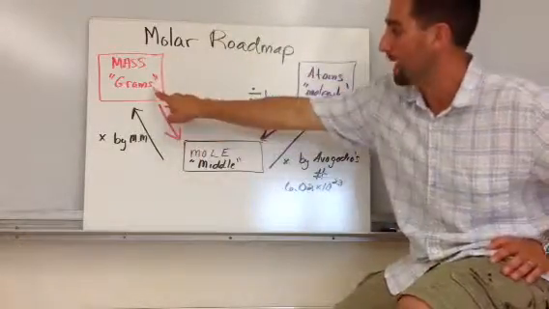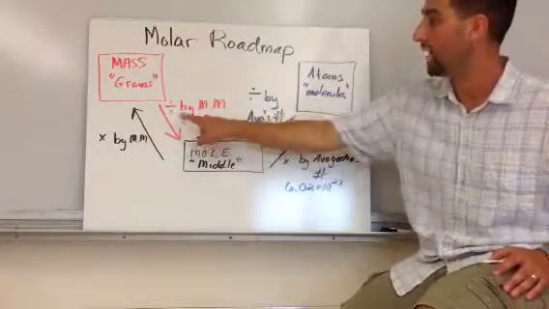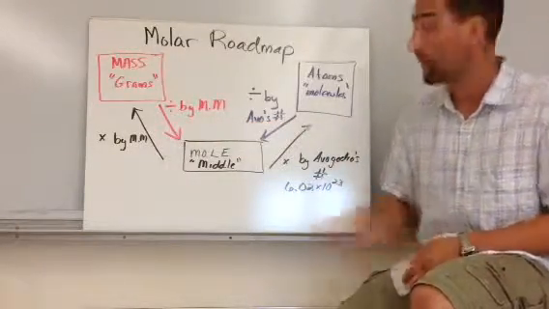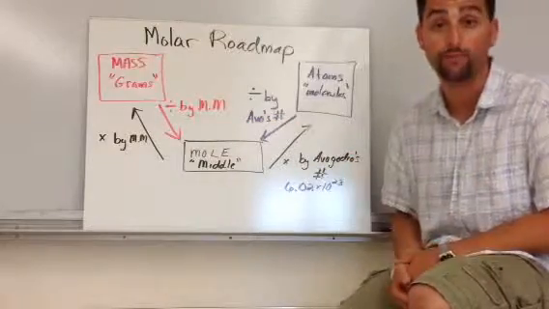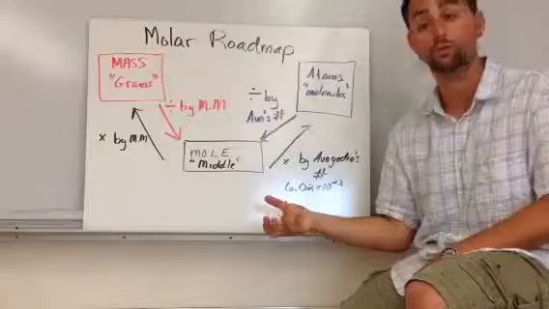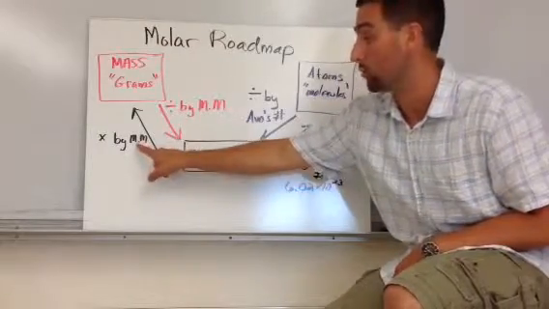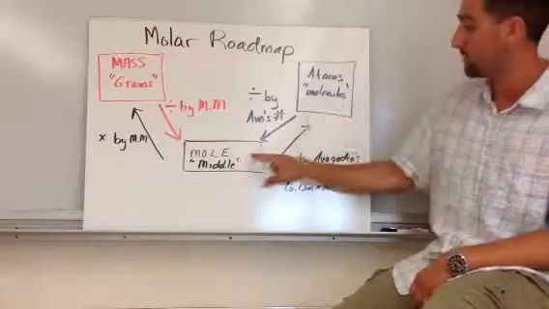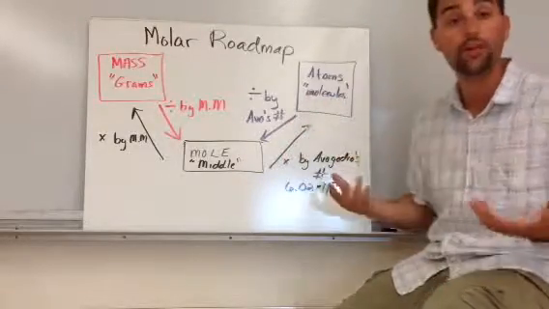If you want to go from mass to moles, divide by the molar mass of that substance, whatever it may be. You'll have to consult your periodic table for that. If you want to go from the mole to mass, you do the opposite operation. You multiply by the molar mass. If you're trying to go from atoms to moles, divide by Avogadro's number.